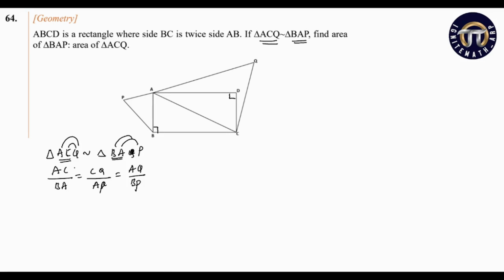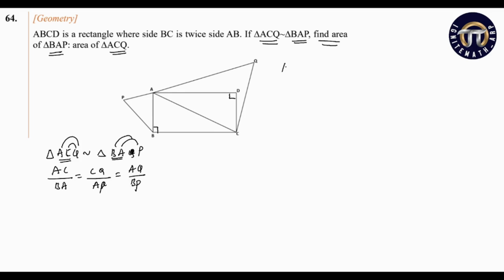Right, so you are asked to find out the ratio of the areas of BAP and ACQ. Clear, children? For that, I know one of the theorems that if two triangles are similar to each other, the ratio of their areas is equal to the ratio of squares of their corresponding sides.